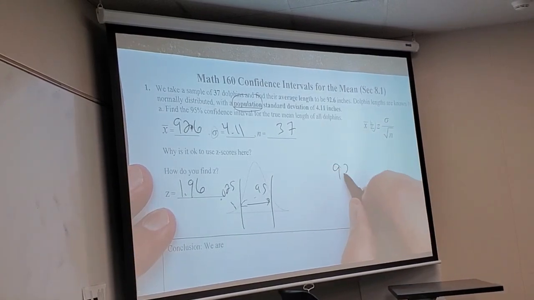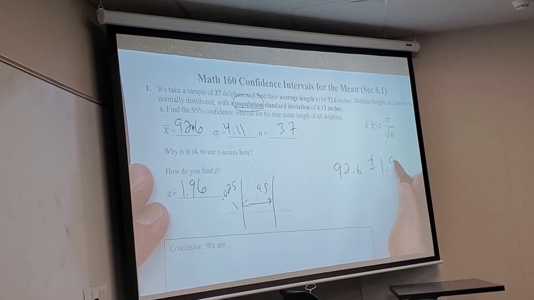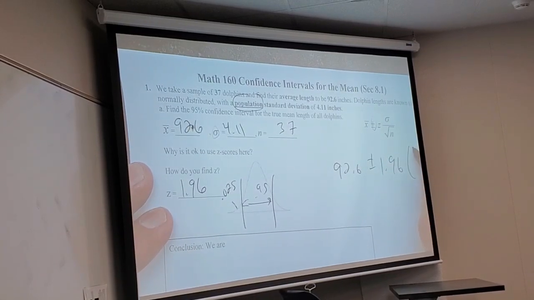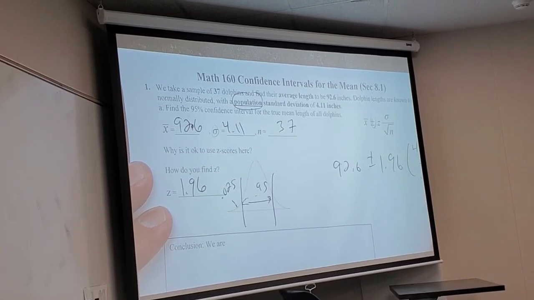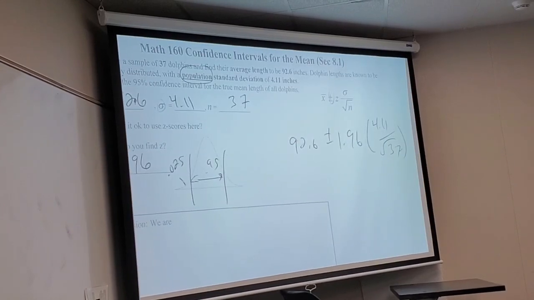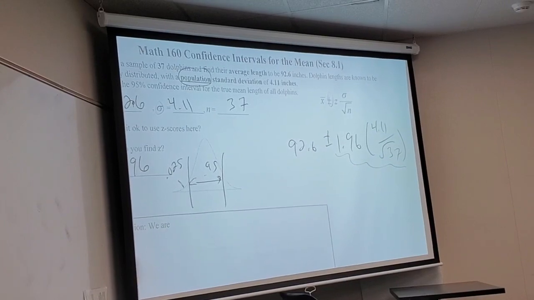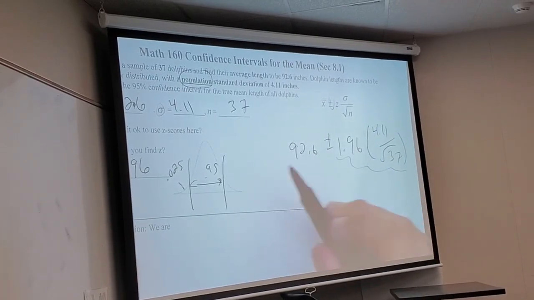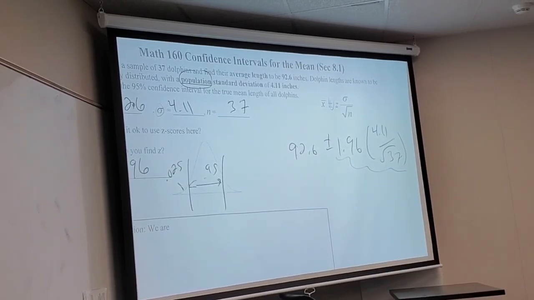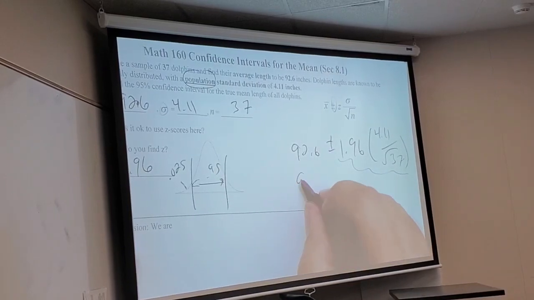So you put 92.6, give or take, 1.96 of these. I highly recommend you do this, but you can do 92.6 minus blah blah blah, 92.6 plus blah blah blah if you want to. Right? So did anybody get the error?